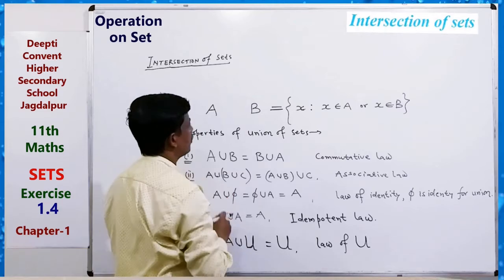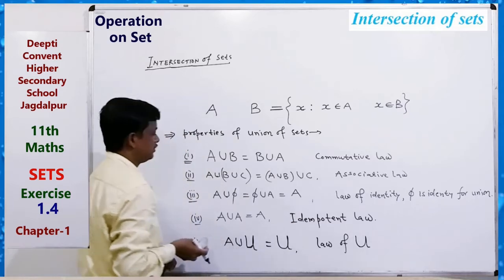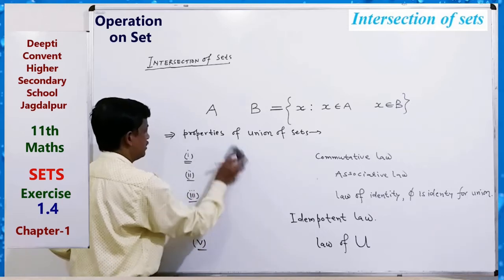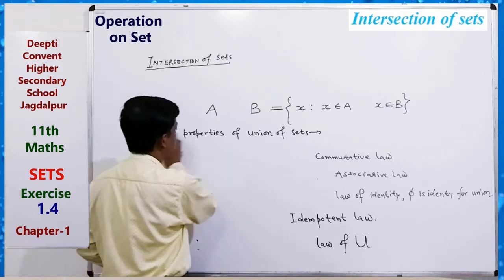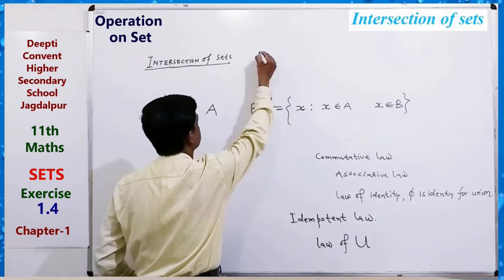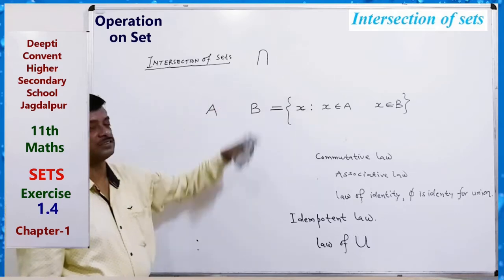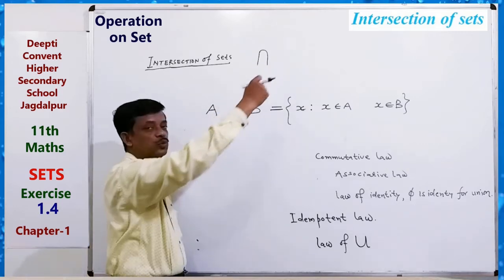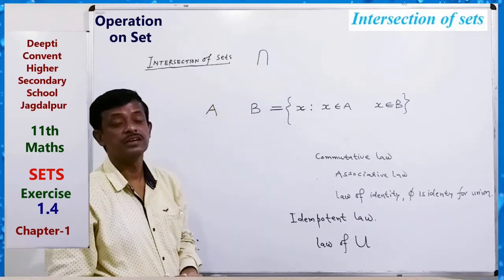The intersection symbol is denoted by this reverse or inverted union U type. So this is the intersection of sets. This is the symbol used for intersection.